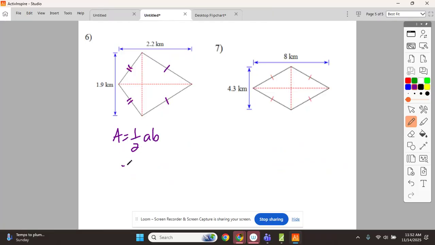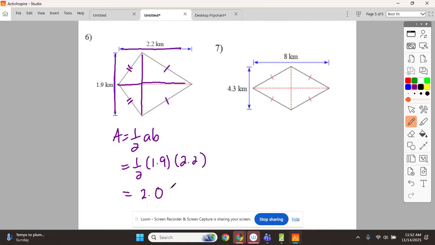If this is 1.9, this is also 1.9. And if this is 2.2, this is also 2.2 kilometers. So half, or 0.5, times 1.9 times 2.2 will give us an area of 2.09 kilometers squared.